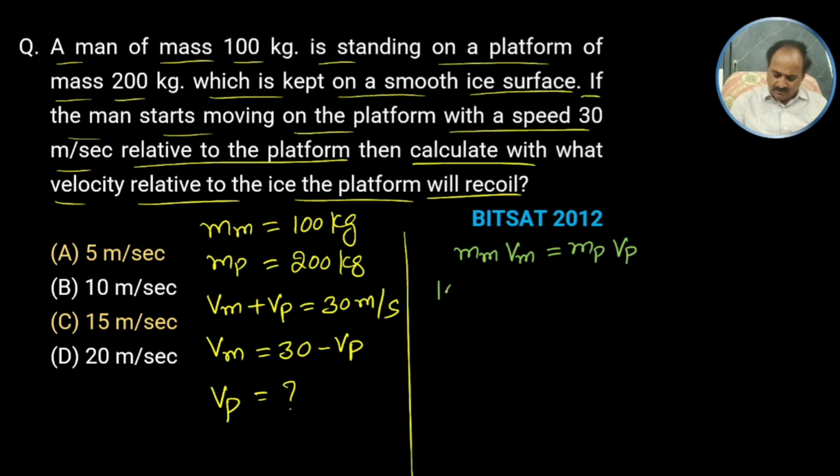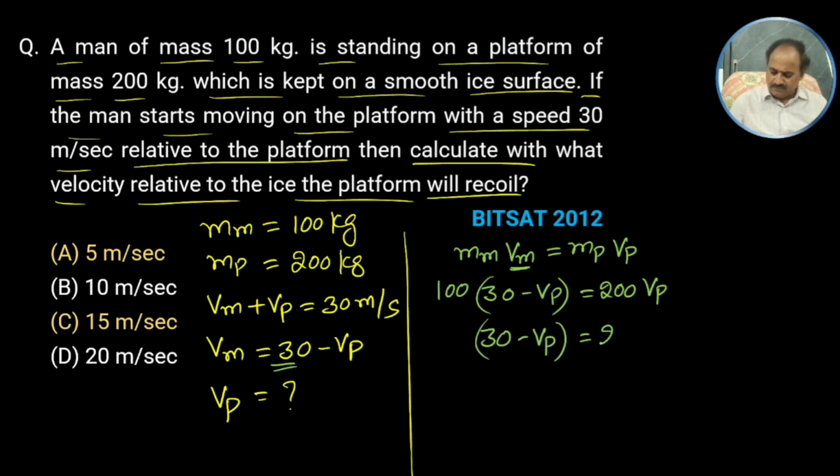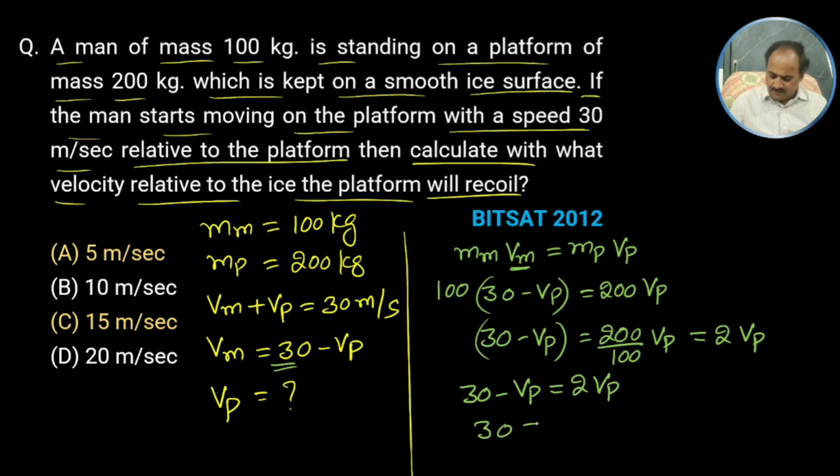Mass of the man is 100 kg, velocity of the man I can write as 30 minus velocity of the platform, equal to mass of the platform 200 into velocity of the platform. 30 minus velocity of the platform is equal to 200 by 100 into velocity of the platform, which is 2 times the velocity of the platform. 30 minus velocity of the platform equal to 2 times the velocity of the platform. 30 equal to 3 times the speed of the platform.